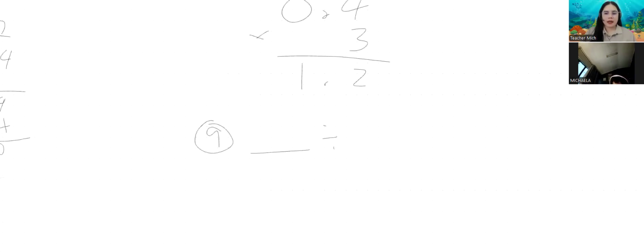Again, Micaela, what is the missing term? Dividend. Okay, very good. The dividend. And if the dividend is missing, what is the process that we need to follow? Multiplication. Okay, very good.